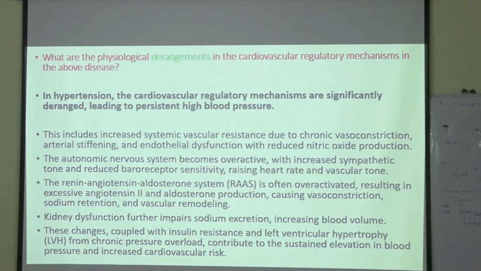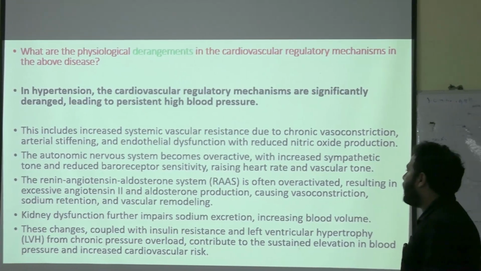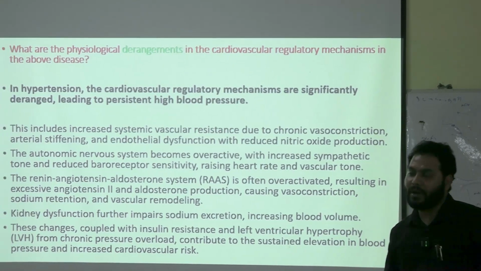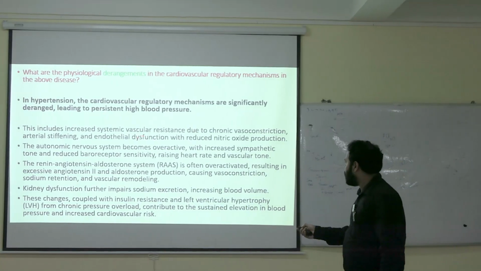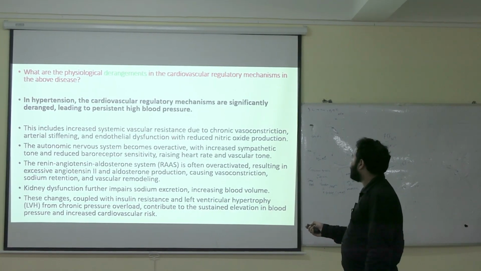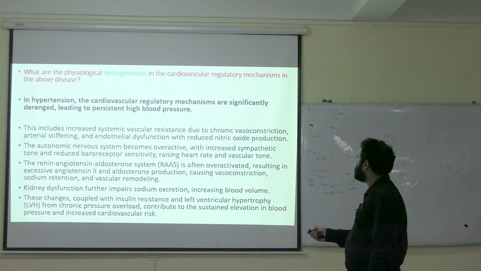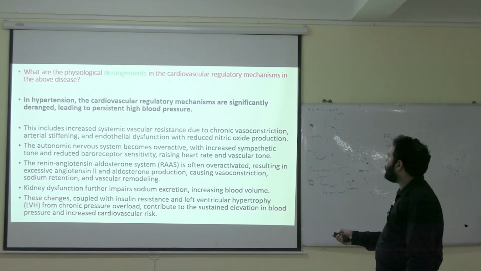So here you can see, as I mentioned, a number of factors are involved with this. So you can see what are the changes that happen in the vascular systems. Increased systemic vascular resistance. Vascular resistance is increased.